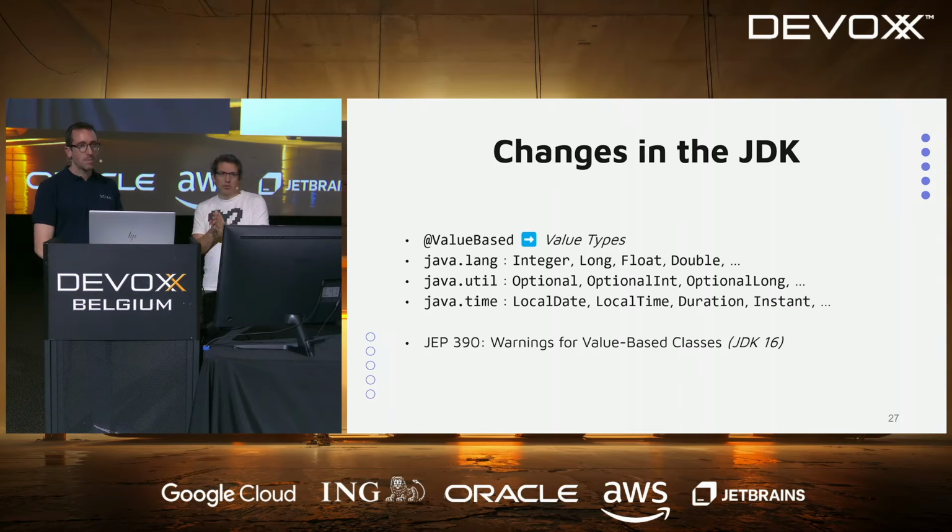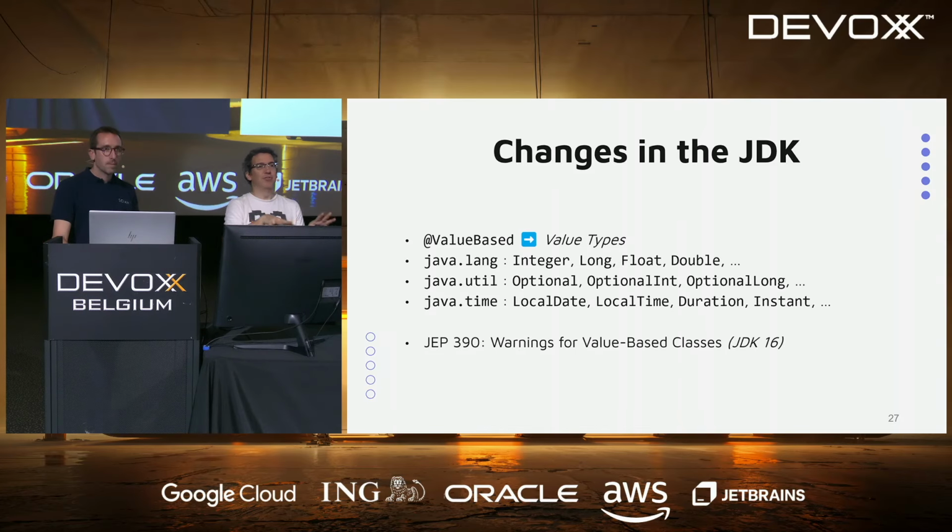So if you are using JDK 16 or more, you have a warning if you start to use equals equals on them, and synchronize as well. Synchronize is perhaps because currently it works, but in the future the semantics will change.